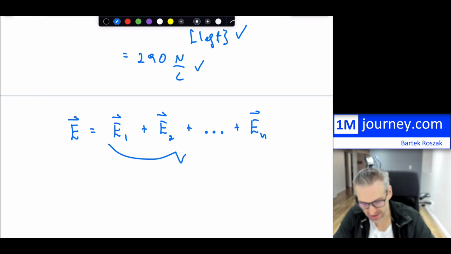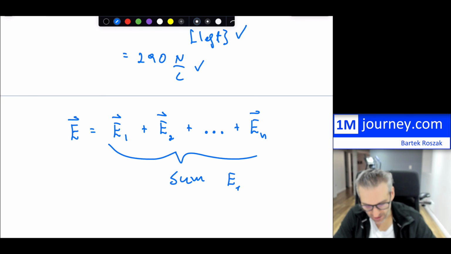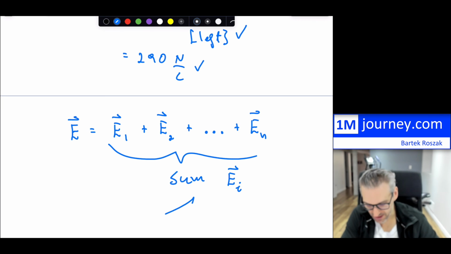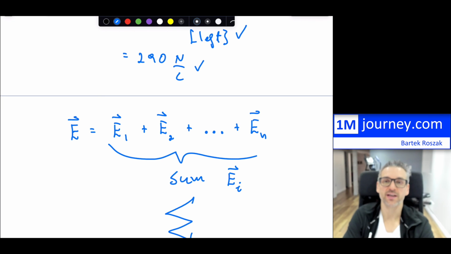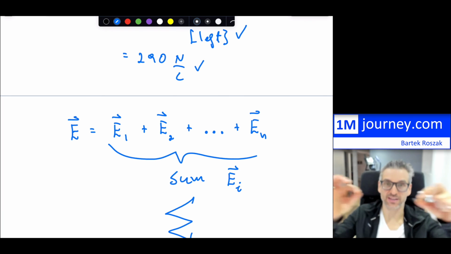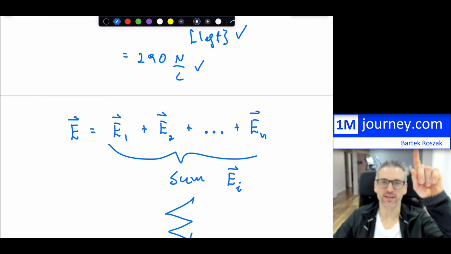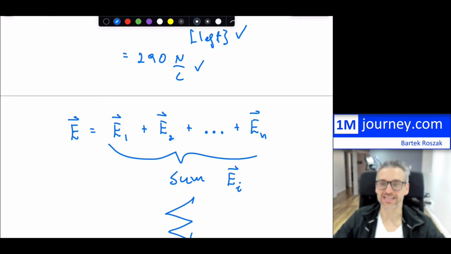So this is going to be the sum of all of the electric fields that are present. You may recall that the summation symbol is like this. And they are vectors, so if they're not unidirectional, then you have to use trigonometry in order to do that. I did an example like that with respect to forces in Coulomb's law. I'll put up a link above, and you can do the same thing with electric field lines.